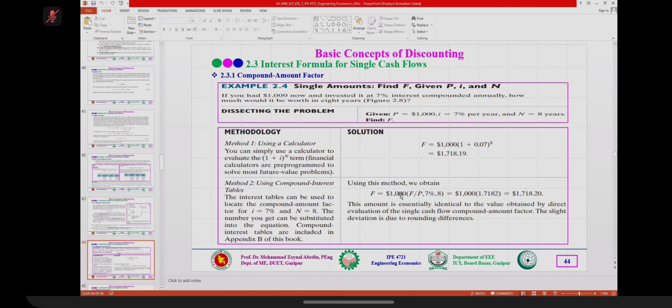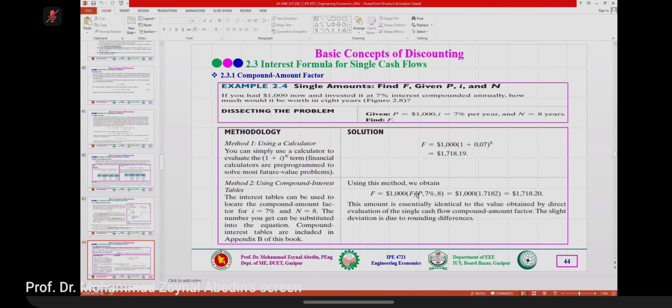Well, I'll go to this book right now. Now, before that, please use this method we are getting. So if you know the equation, we can write capital F equal to P in bracket, find F given P is 1000.